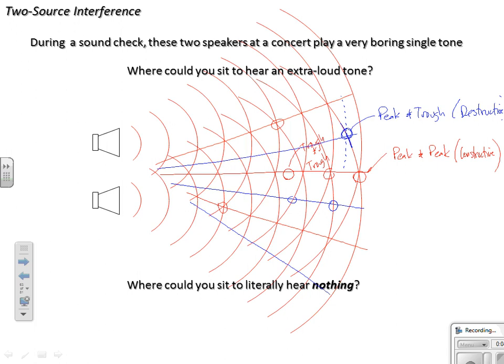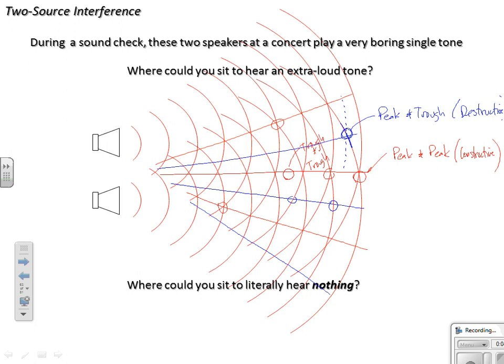Now, the reason you can't go to SPAC and hear nothing if you sit anywhere is that the sound is not only coming from the two sources, if there were two speakers, but it's echoing off of trees and other things and parts of the amphitheater. So there aren't really just two sources.